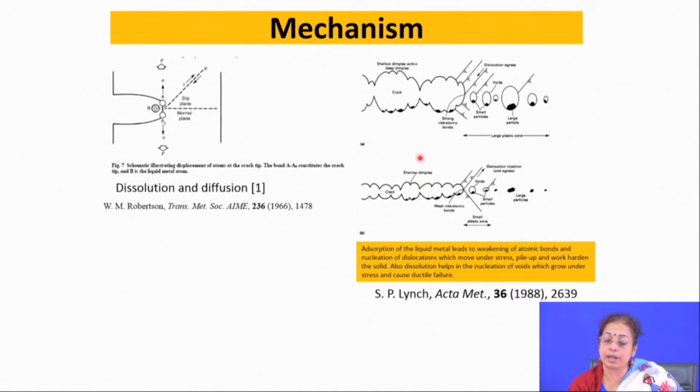Where there is no liquid metal, the typical mechanism of fracture is nucleation and growth of dislocations, but in the liquid metal case the same mechanism occurs, but the plastic zone width is much lower. So, a small plastic zone is formed.